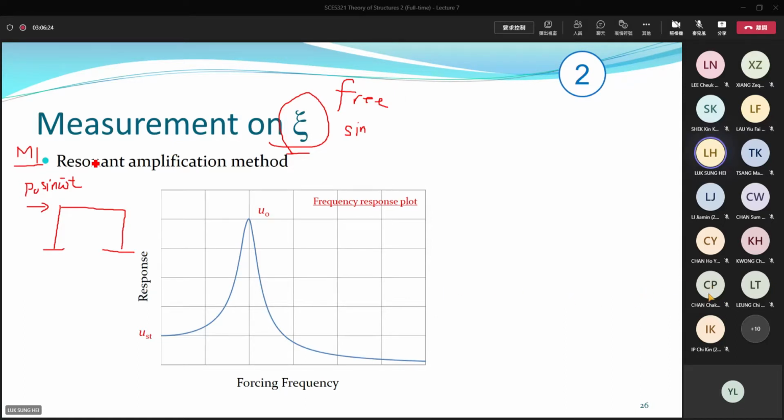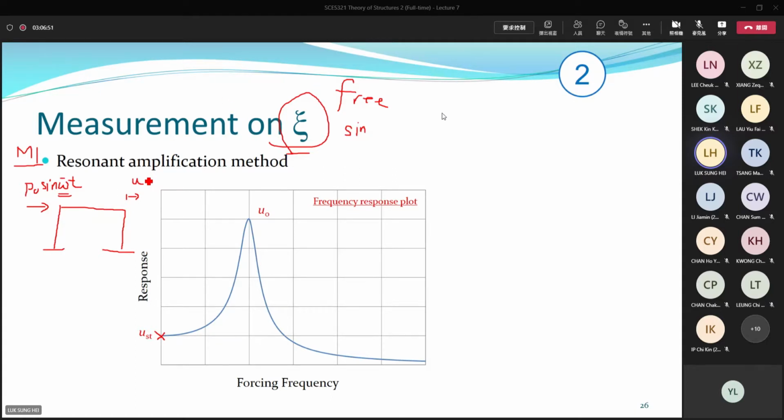You have to change the loading frequency gradually. At the beginning, you apply a static force, that means frequency equal to 0. You apply a static force on the structure, and then you record the corresponding displacement of the system, the maximum displacement for sure.